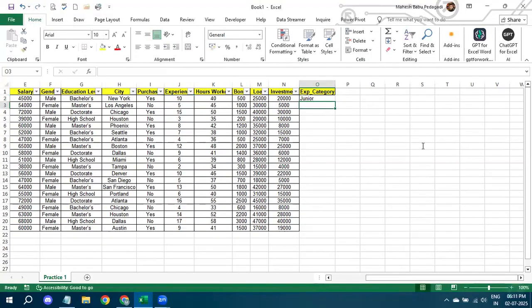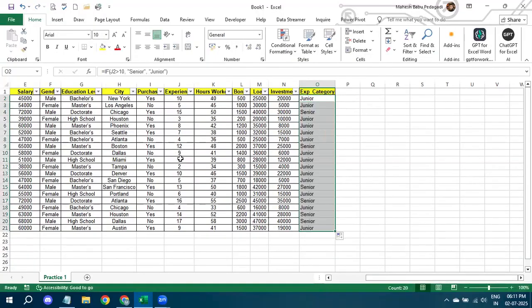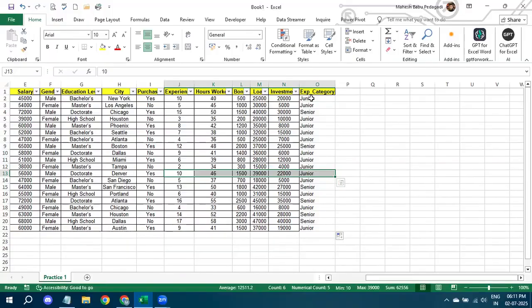Okay, people are asking, what if it is equal to 10? Okay, fine. There is a 10 over here. What is the value we are getting here? Junior. Why? Because here we mention greater than 10.